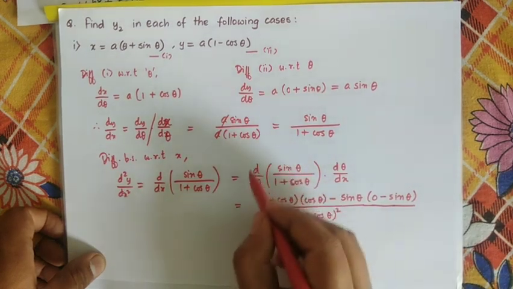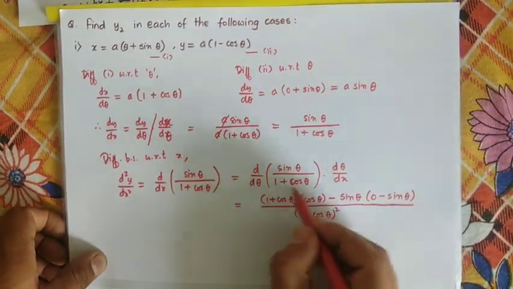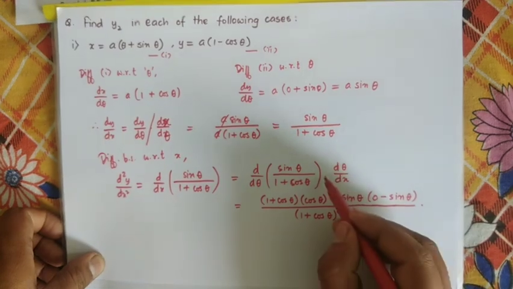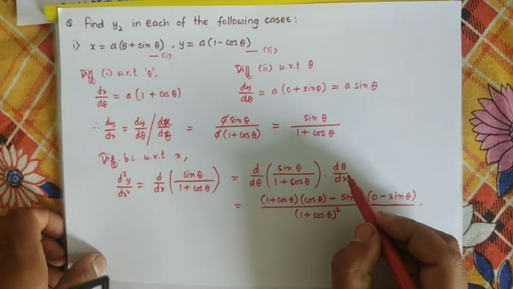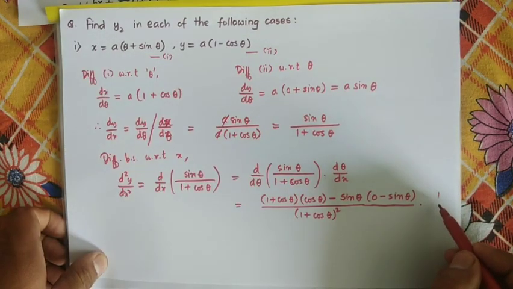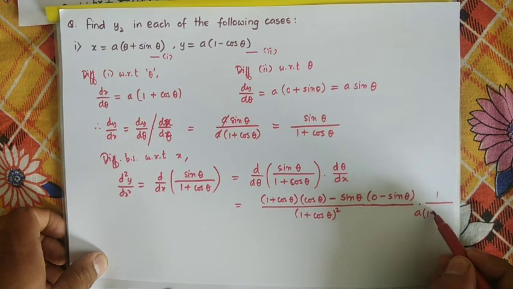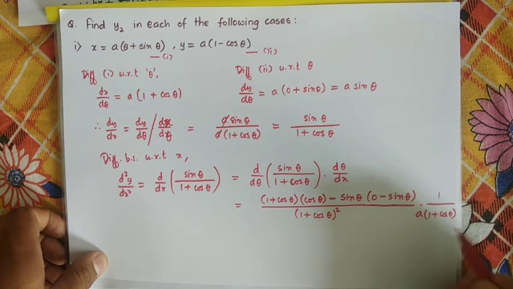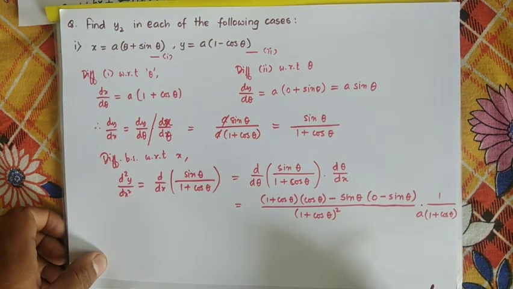Okay, so this much is the value for this one. Now this into d theta by dx, which is the reciprocal of this, that is 1 by a into 1 plus cos theta. Hope this is clear to you.